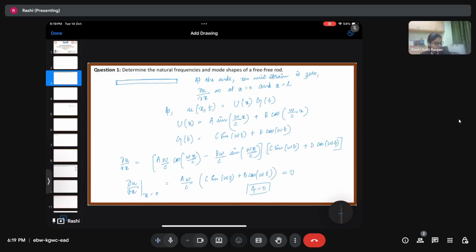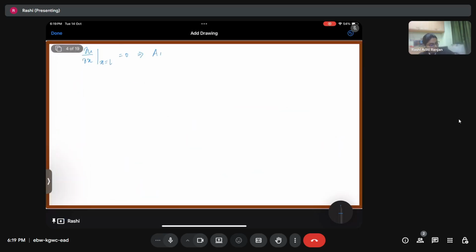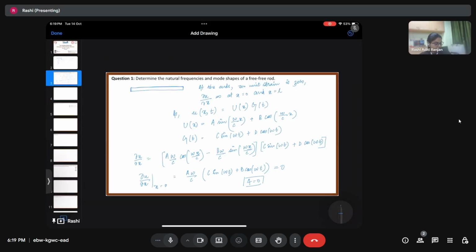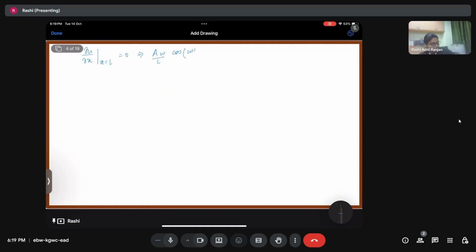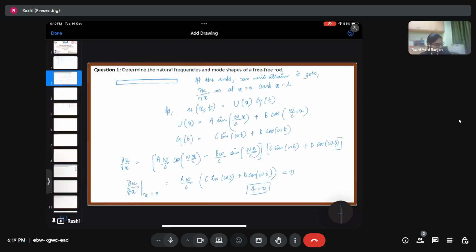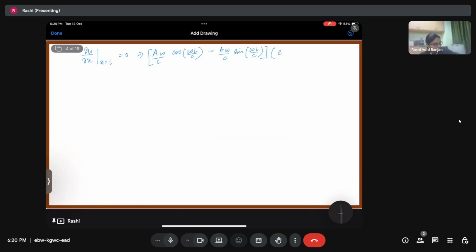So it will be A ω/c cos(ωL/c) minus B ω/c sin(ωL/c) into C sin(ωt) plus D cos(ωt) is equal to 0.